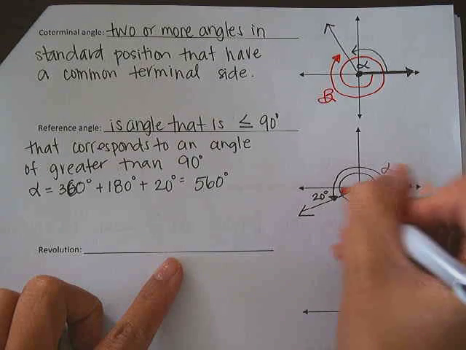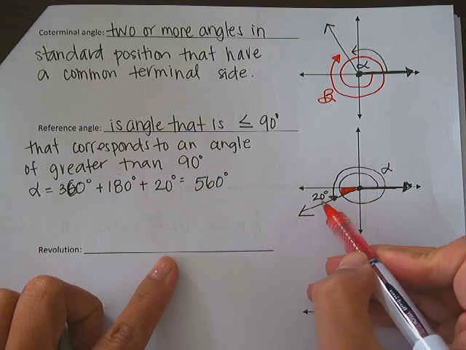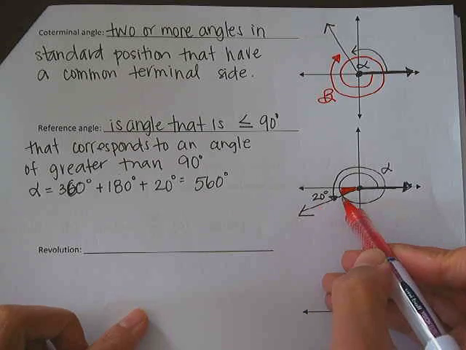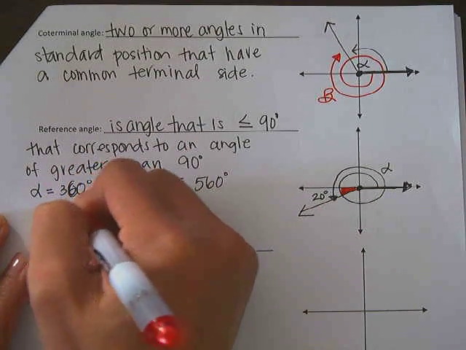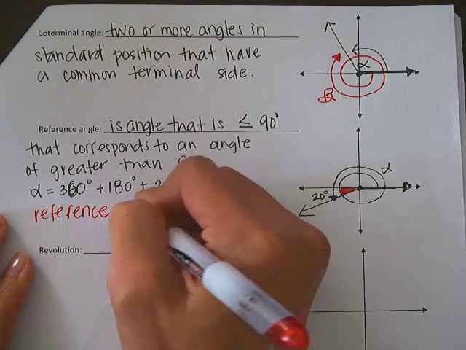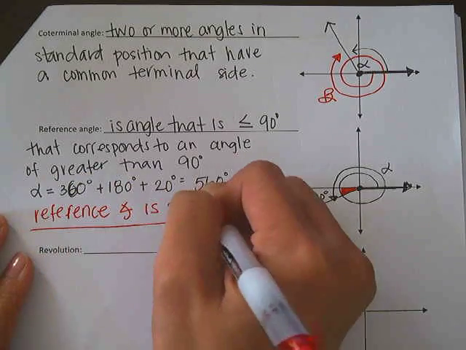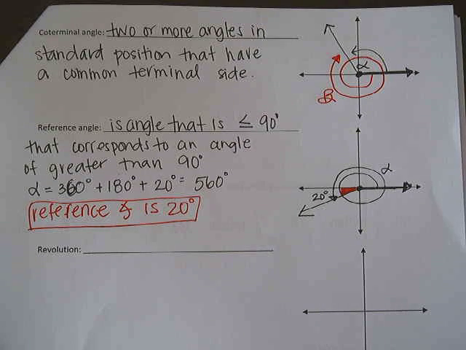It just has to be formed by the x-axis and the terminal side. Because this right here is 20 degrees, the reference angle is simply 20 degrees. We're going to do some practice on that. It's really important to know the reference angle because we only use 90 degrees or less to find our trig values later down the road.